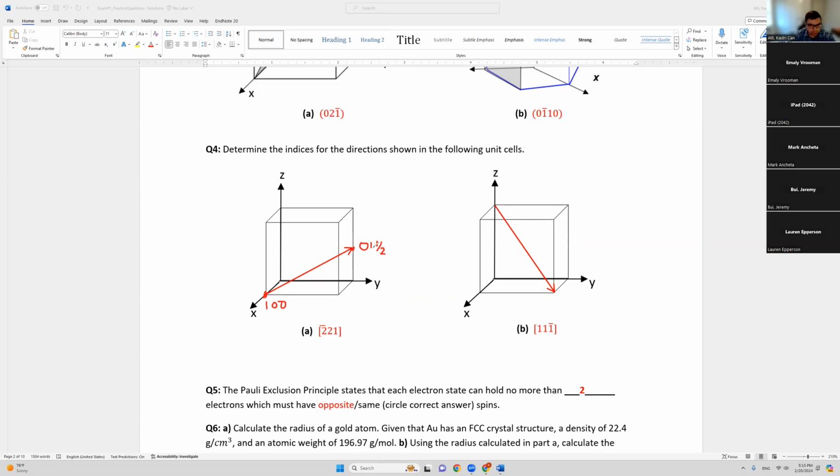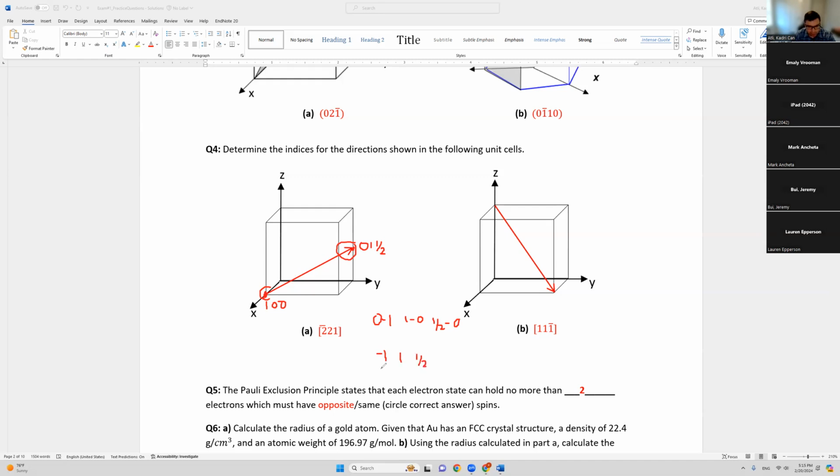Then what you do is you subtract tail from head. So this is the head of the vector, and this is the tail. So 0 minus 1, 1 minus 0, and 1 over 2 minus 0. So I end up with -1, 1, and 1 over 2.